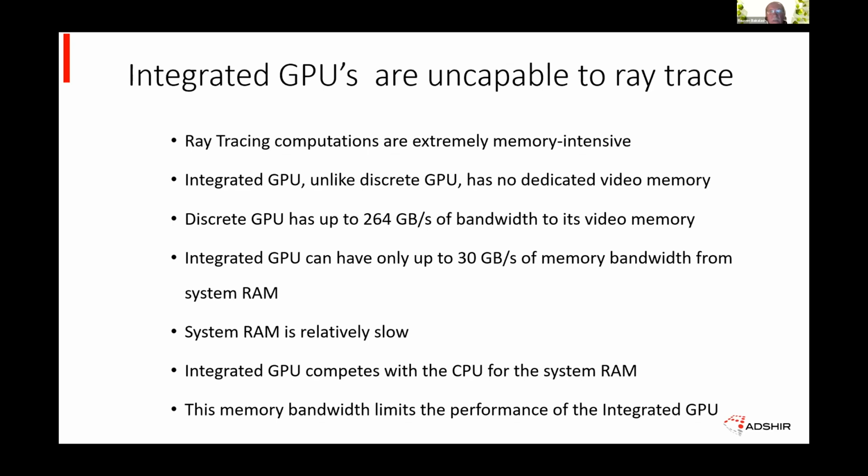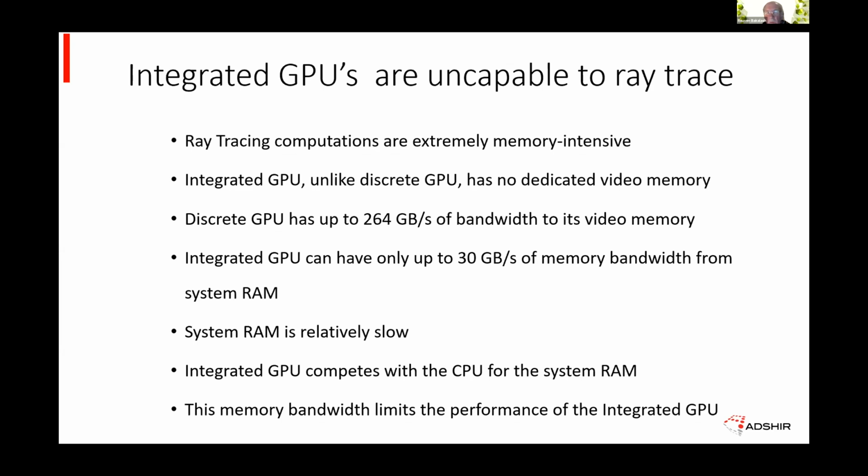Now, remember that ray tracing is extremely memory intensive. It uses a lot of memory. So integrated GPUs, unlike discrete GPUs, do not have their own video memory, which is a big difference.